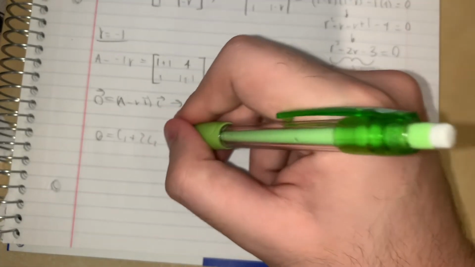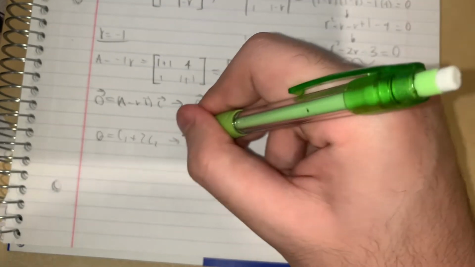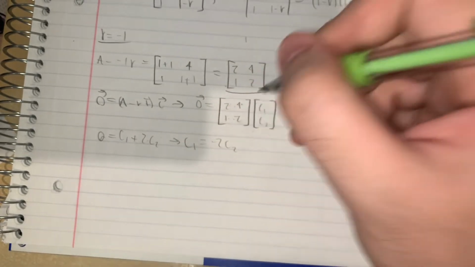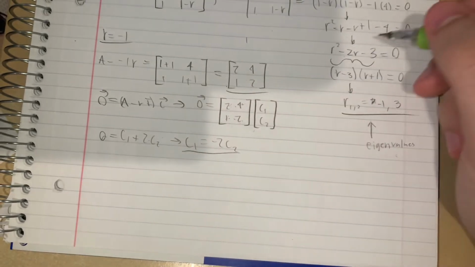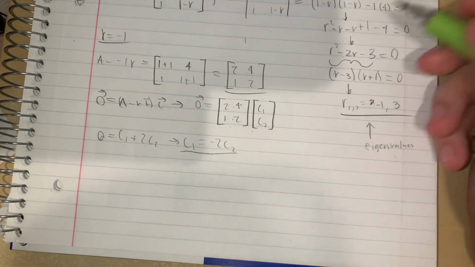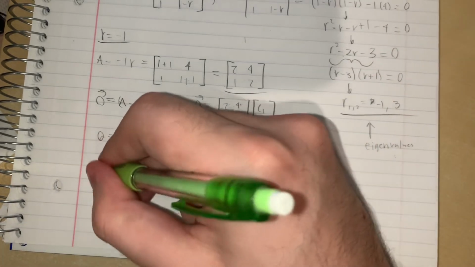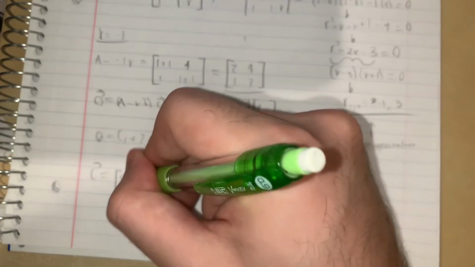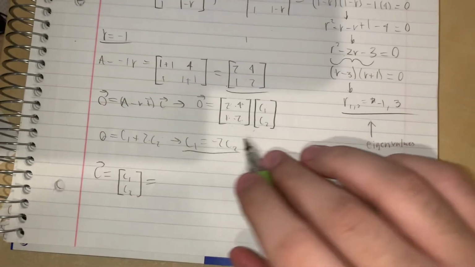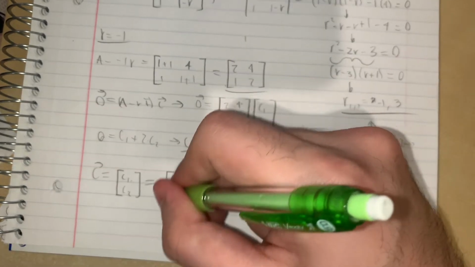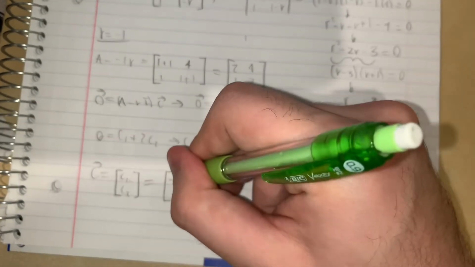If we subtract 2c2 on both sides, we'll get that c1 is equal to negative 2c2. And since we have some sort of relationship between c1 and c2, we can actually grab the original c value and, if we plug in negative 2c2 where c1 is, we can put this in terms of a single variable.